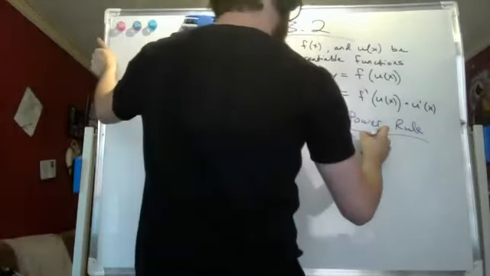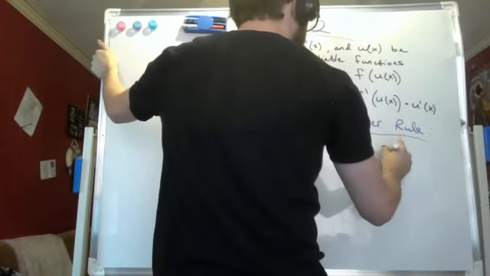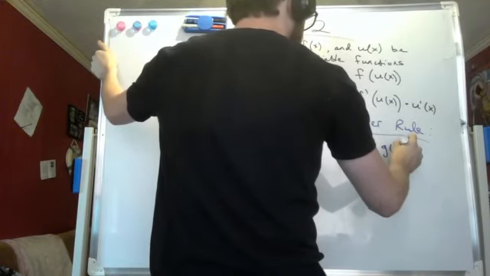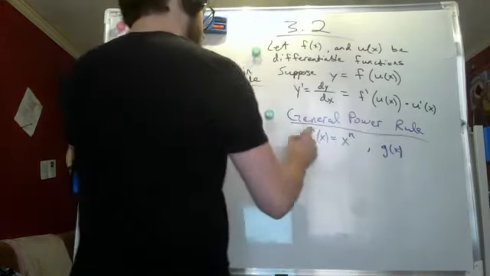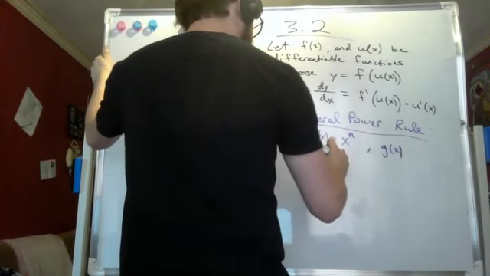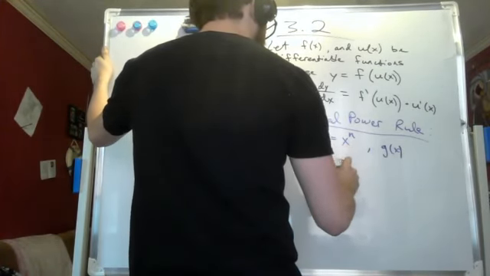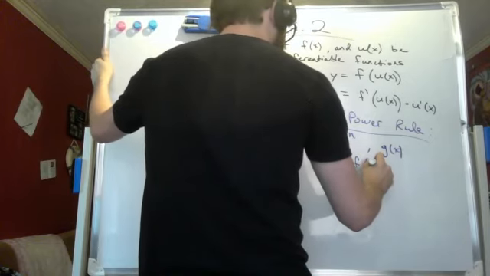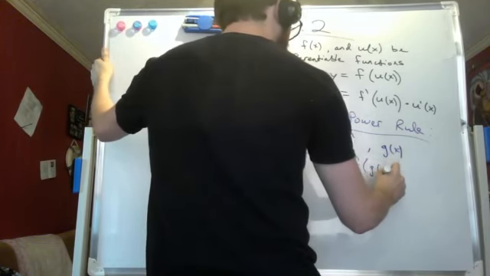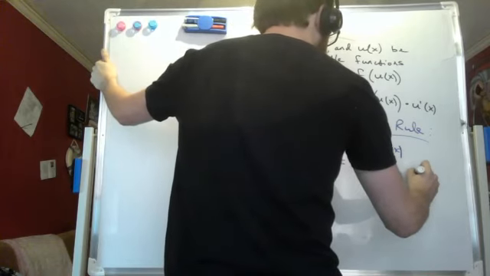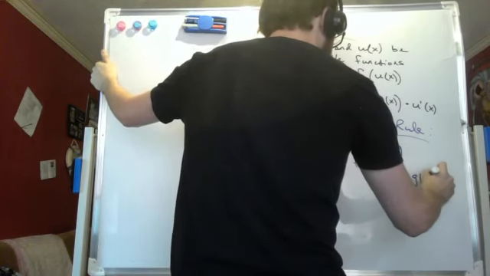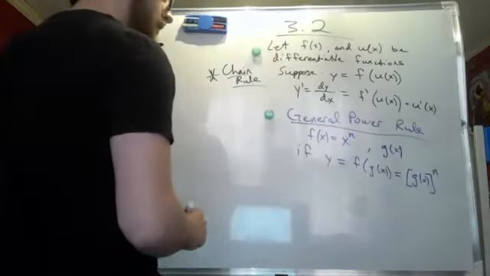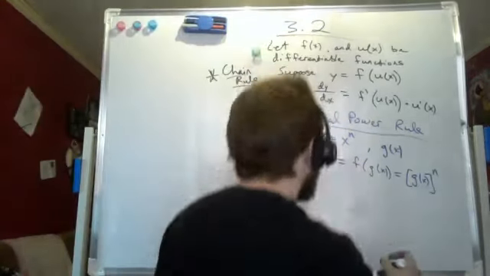And then suppose we have some other function, g of x, that is also differentiable. Then, if y equals f of g of x, or in other words, g of x raised to some power n, what's the derivative?